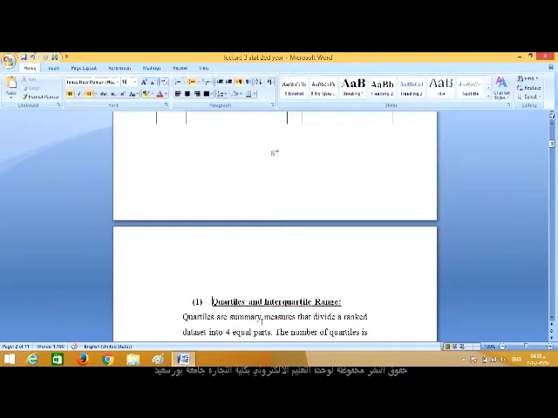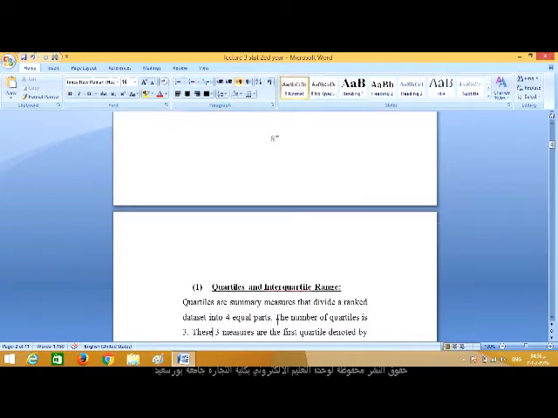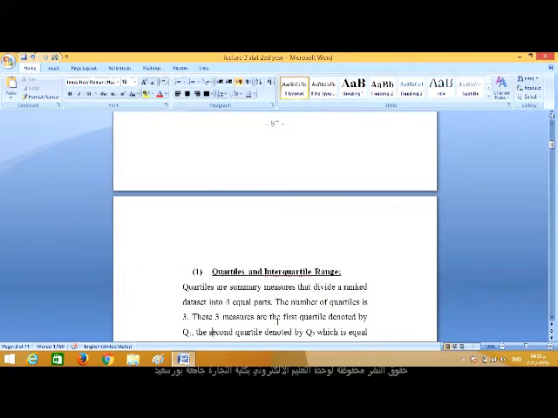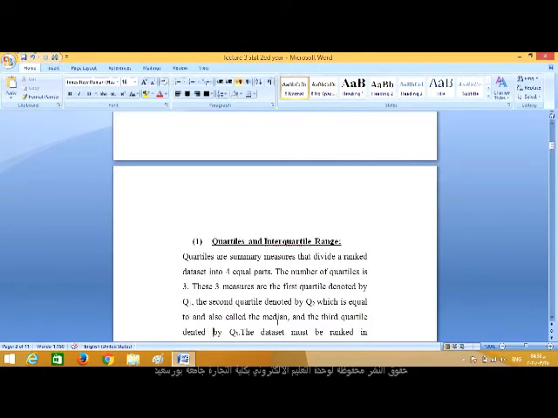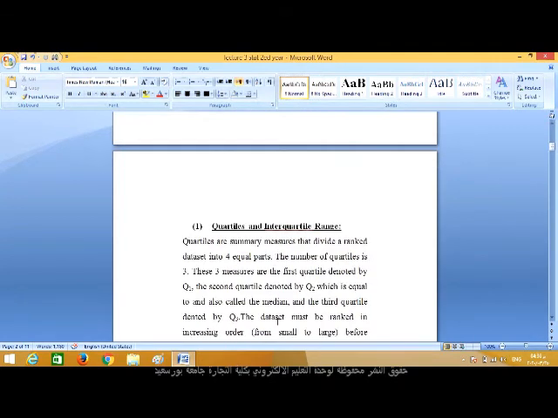Quartiles are summary measures that divide a ranked data set into 4 equal parts, as we said before, and the number of quartiles is 3. These 3 measures are the first quartile, denoted by Q1, the second quartile, denoted by Q2, which is also the median, and the third quartile, denoted by Q3.